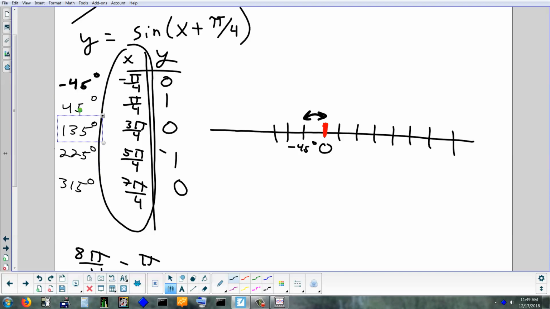So let's look at where 45 would go. You could put it right there because it's 2 tick marks away. Each tick mark is 45. Negative 45 and 45 are 2 tick marks away. Now, where would 135 go?